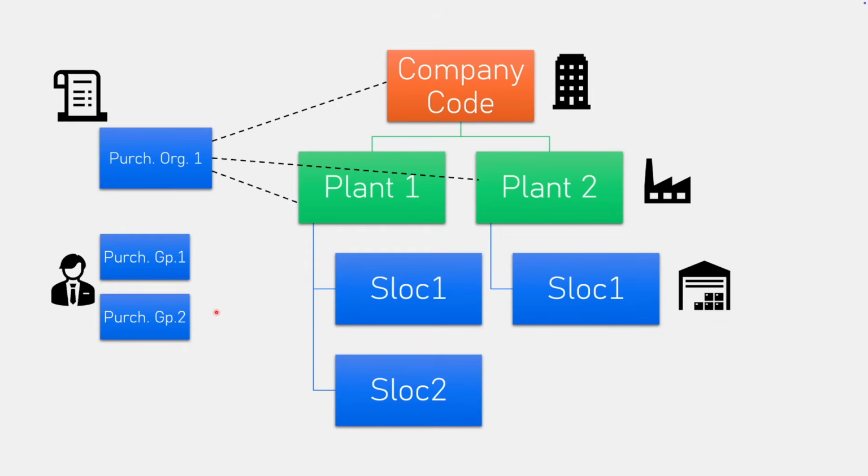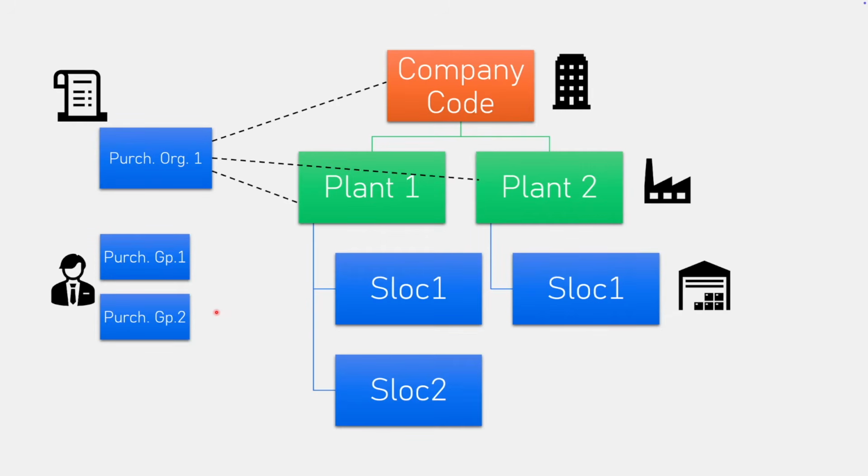If you create a purchase group, you can simply enter it into a purchase order, and then whenever you require a report on how much purchasing a group of people has done in a year, you can take that report from that particular purchase group. So a purchase group is not assigned to any of these organizational elements. It is simply created at client level and it is utilized across the company codes and plants.